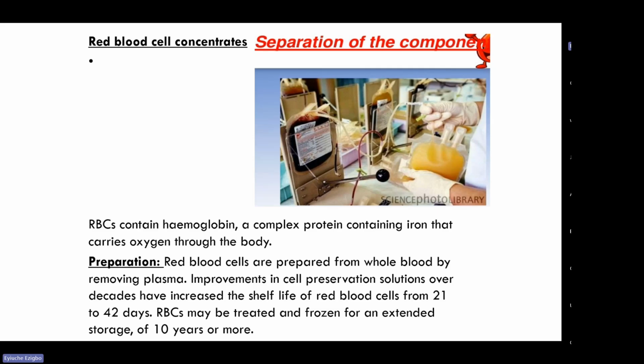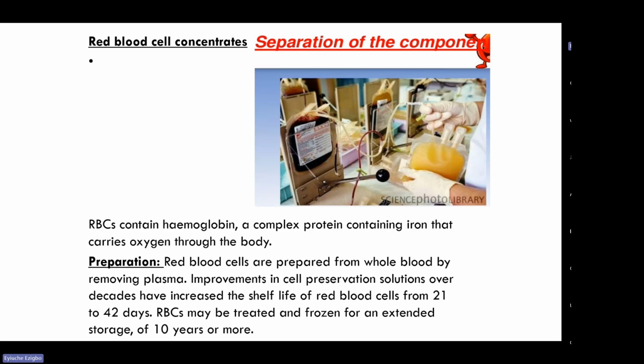Red blood cell concentrates. As a component of blood, we have red blood cell components. If you look at this slide and this picture, you can see a pint of blood that has been allowed to stay for some time, then inserted into this machine to remove the plasma.